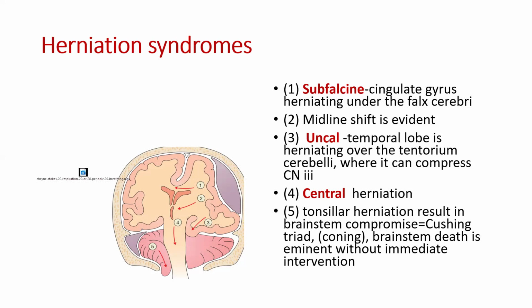Number 4 is the central herniation, which presents with the classical Cushing triad, and number 5 is the tonsillar herniation, which results in brainstem compromise, also adding on the Cushing triad. When this happens, the patient is said to be coning, and brainstem death could follow immediately if no intervention is done.